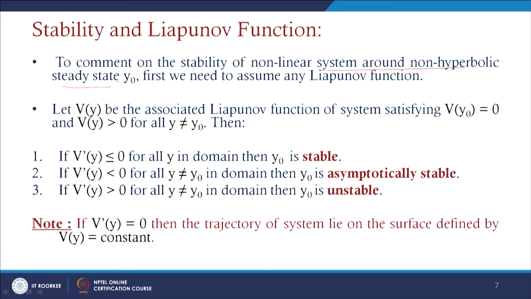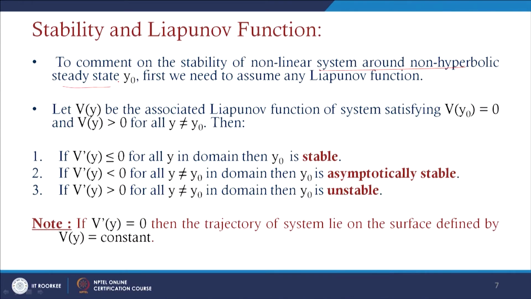First, we need to assume a Lyapunov function, so how do we construct it? We determine a function, say v of y, satisfying v of y 0 equals 0 and v of y greater than 0 for all y not equal to y 0.